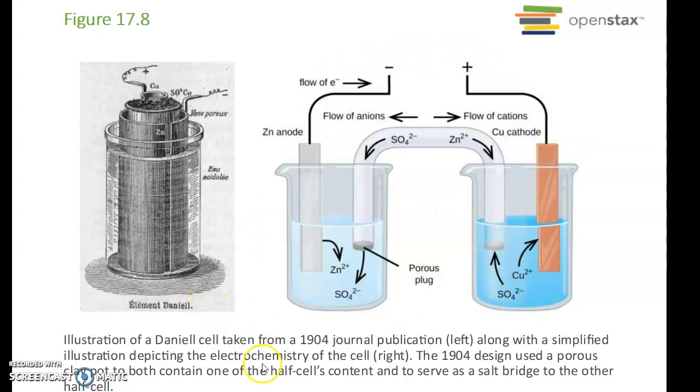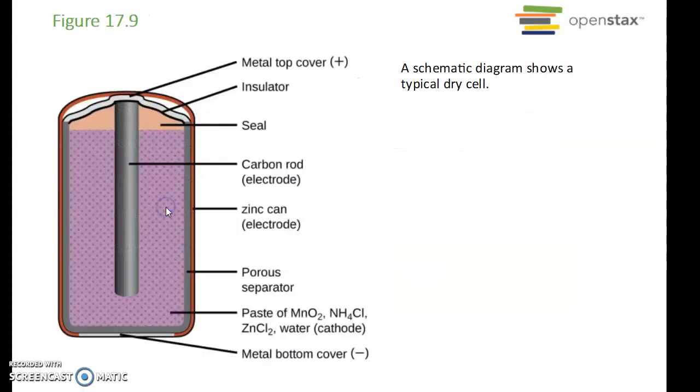And this occurred way back in 1904 when they depicted this type of cell, where they had a clay pot, so that the clay actually served as the salt bridge between the 2 half cells.